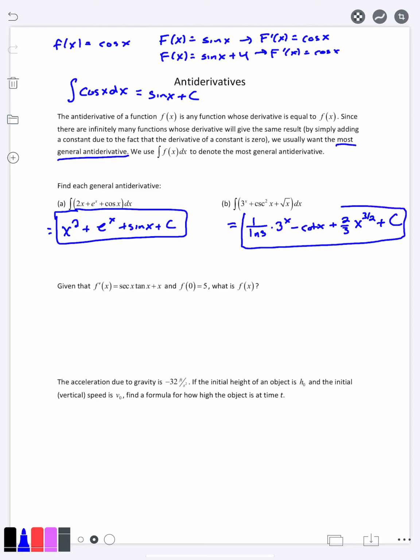Now again, that probably seems like it's coming out of nowhere, and it is right now. But you can double check that I'm right by taking the derivative of all of that and seeing if it matches what's inside. And unless I made a mistake, it will match.